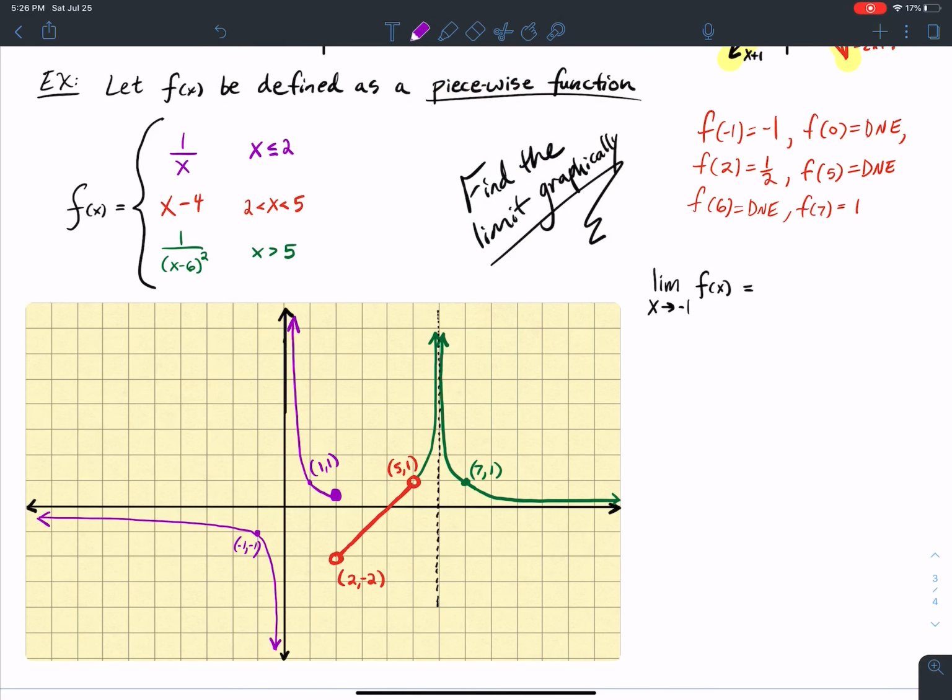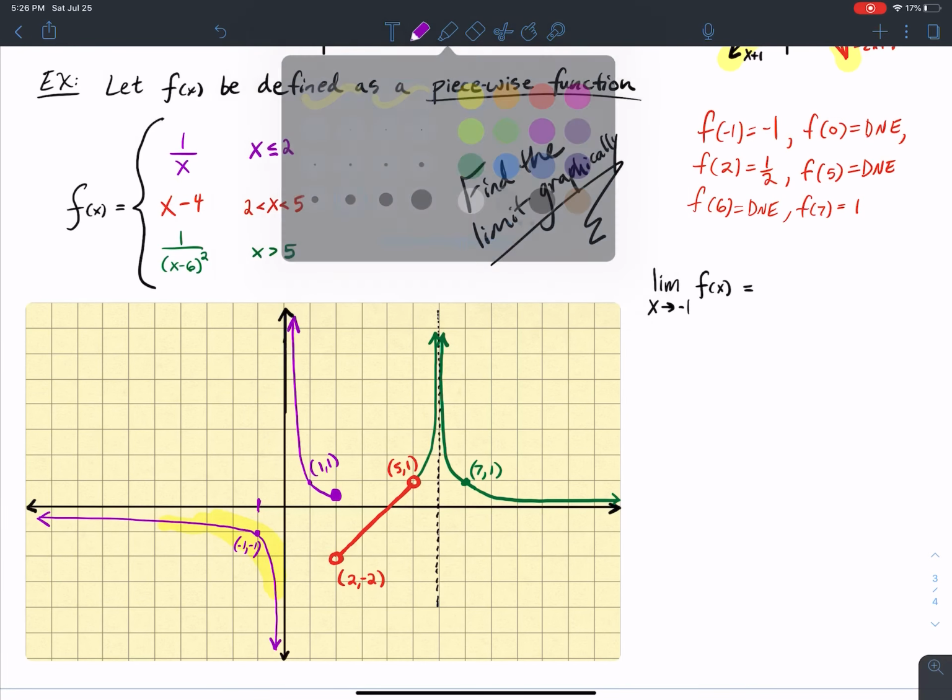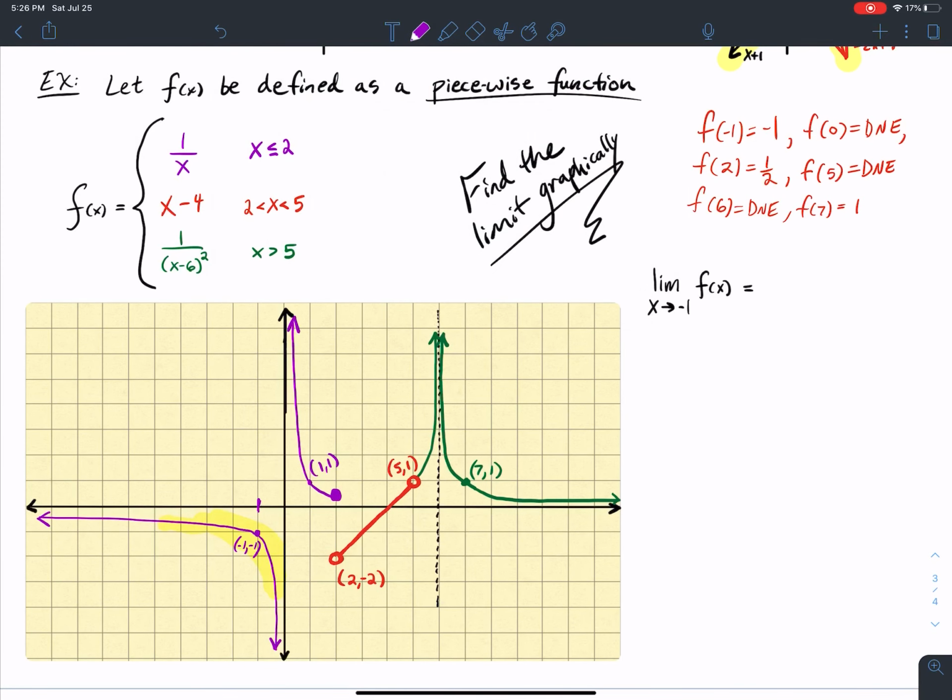So let's take limits, and we're going to do it graphically. So whenever I see a -1 here, what do I see? It looks like it's pretty nice around here. Like values around, it looks like we're approaching, like if I use my finger, I'm moving and getting really close to -1 on this side.